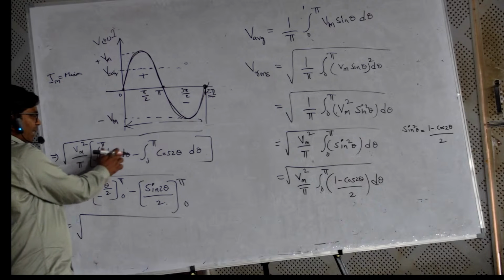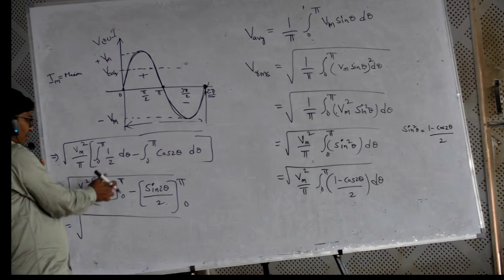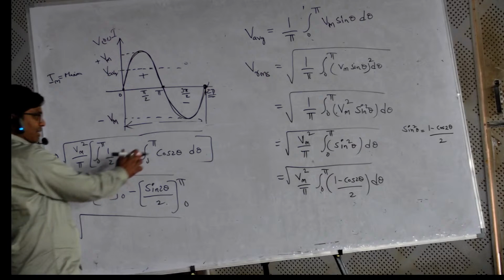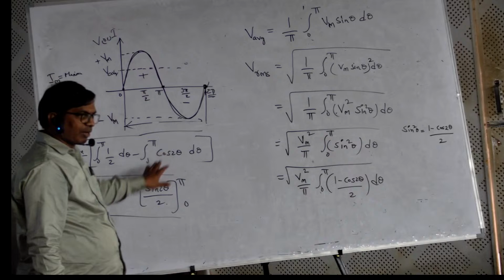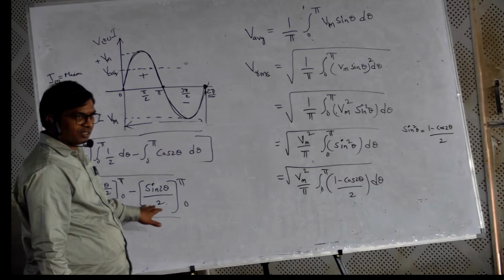Integration of 1 by 2 d theta is theta by 2, and we apply pi and 0. Integration of cos 2 theta is sin 2 theta by 2. Is it correct?